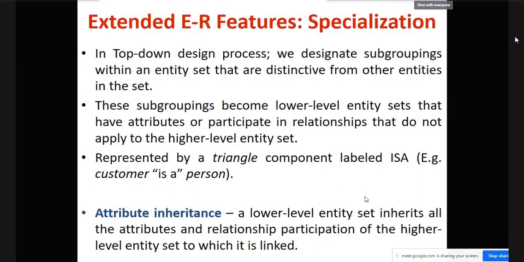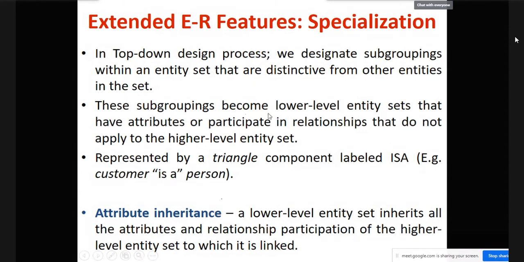Here many times students make mistakes between generalization and specialization. Okay, so we'll go through this. In top-down design process, we designate subgroupings within an entity set that are distinguished or distinctive from other entities in the set that we saw.